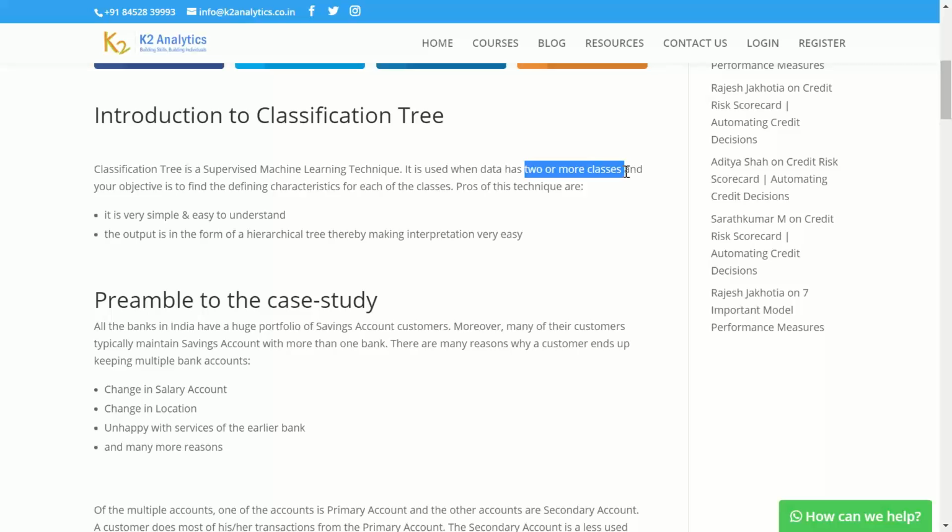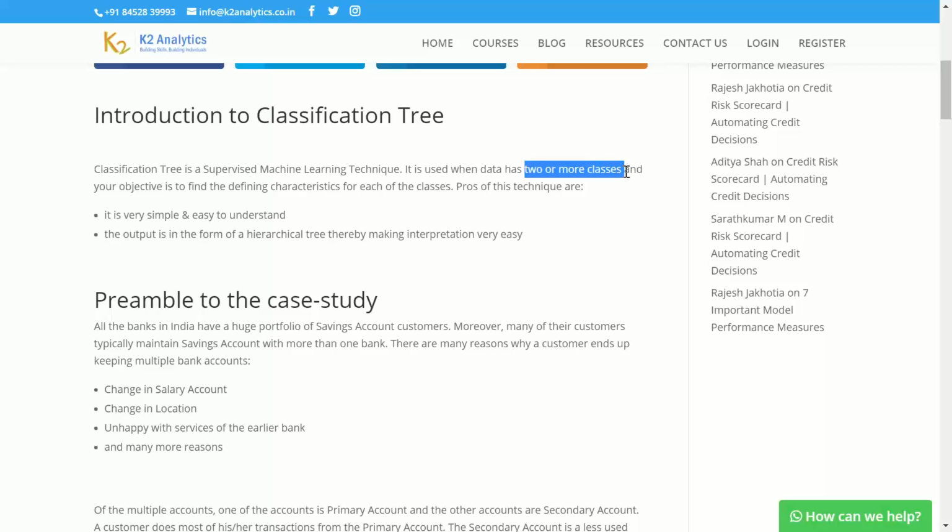Another example, you have got lots of employees in your organization. In the upcoming month, some employees will tender their resignation and many others will not tender the resignation.